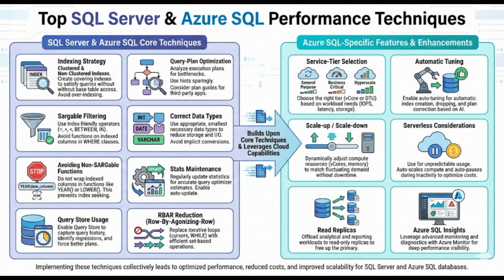Data types, implicit conversions, and parameter sniffing. Data types feel boring until they bite you. Choosing the right type affects storage, memory grants, and even network throughput when data travels between application and database. Interviews appreciate when you mention using the smallest type that fits and avoiding mixing data types in joins.